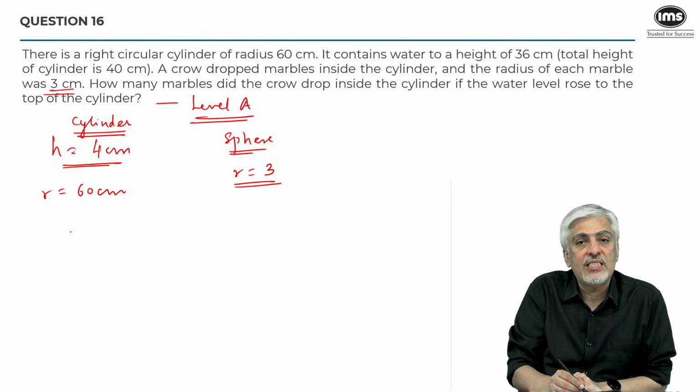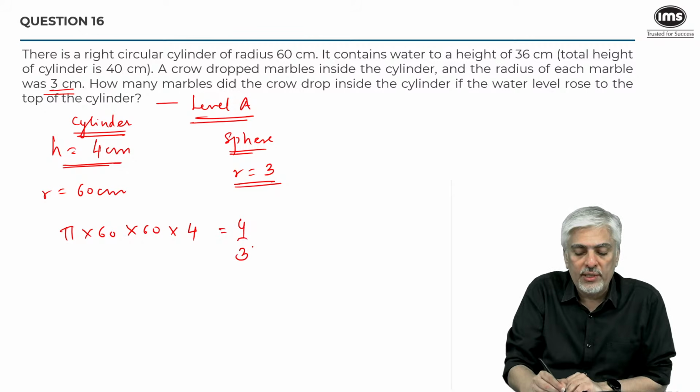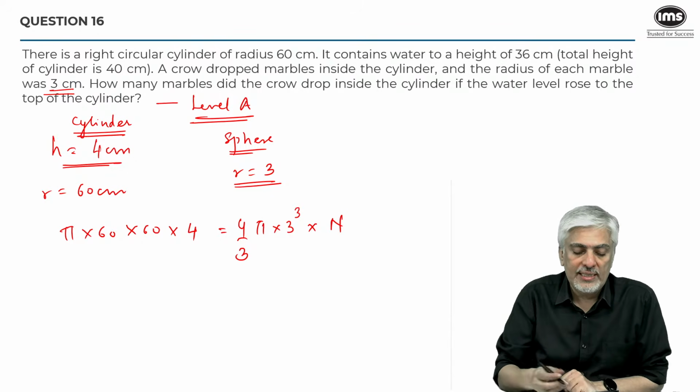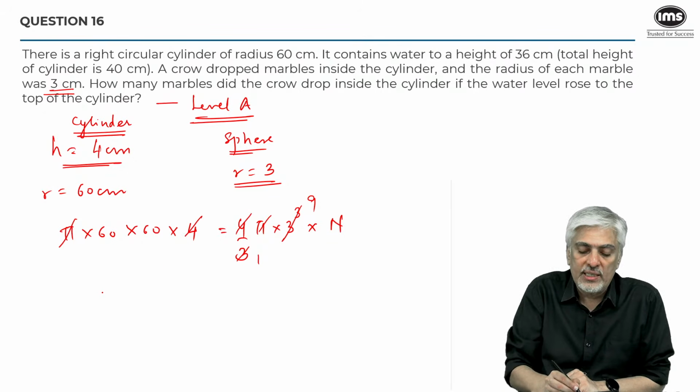Over here the cylinder is pi r square h is equal to 4 upon 3 pi r cube into n. N is the number of marbles. That's it. Pi cuts out. 3 will cut out over here. We'll be left with 3 square, which is 9. 4 cuts out. So n is 60 into 60 upon 9. So n comes out to be 400.